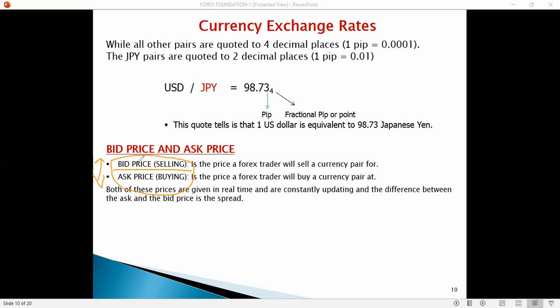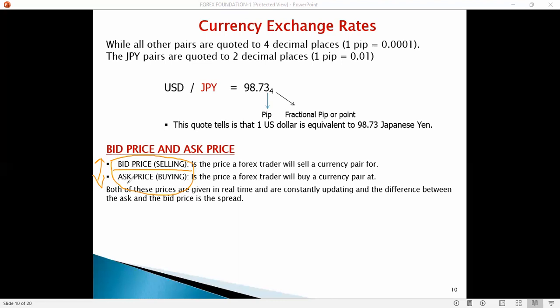So the market is the one presenting the bid and ask price. If you as a trader want to sell into the market, you are going to deal with the bid price. And if you want to buy, you are going to deal with the ask price.